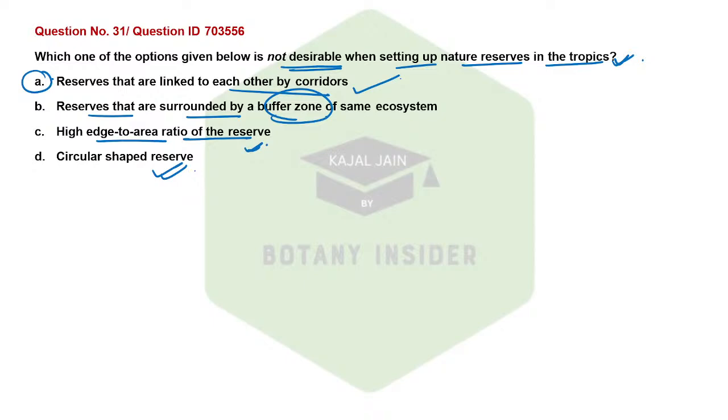Try marking the answer for this. You have to find out which of the following is not a desirable characteristic if we are setting up a nature reserve in the tropics.